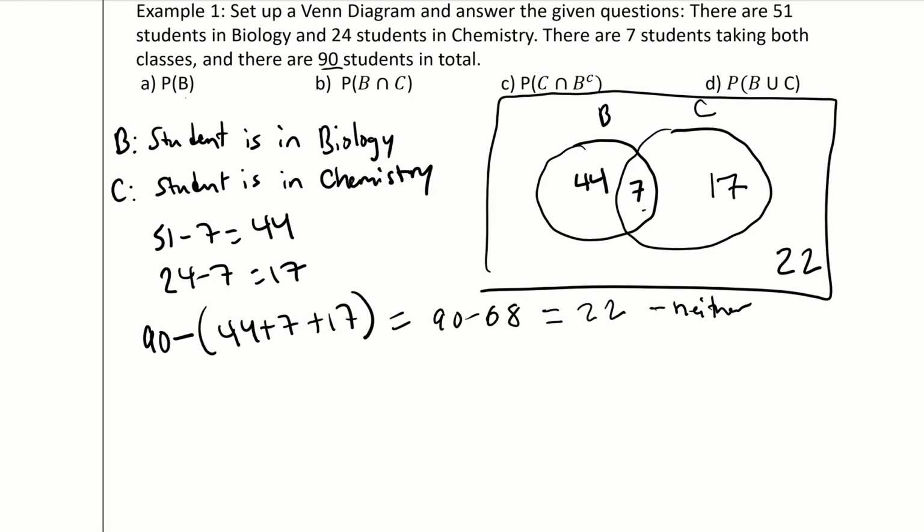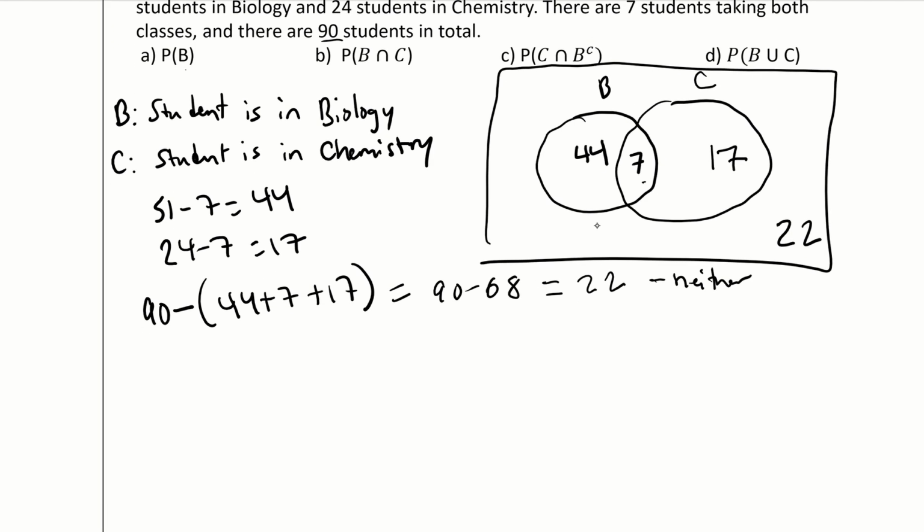All right, excellent. So now we can go ahead and calculate the probabilities. So again, the probability that a student is in biology. If we're doing that, we are going to be shading everything in the bio circle, which is 51 students. That includes the 7 that are in chemistry, because it doesn't say anything about excluding those students.